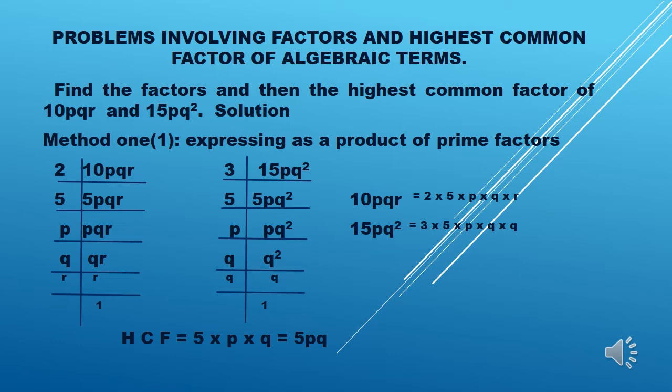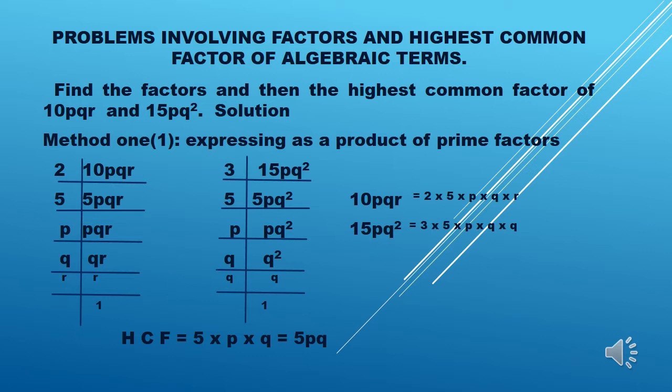Then we have p into p, 1, and we are left with q squared. Q into q, we have 1 q left, and q into q, we have 1.